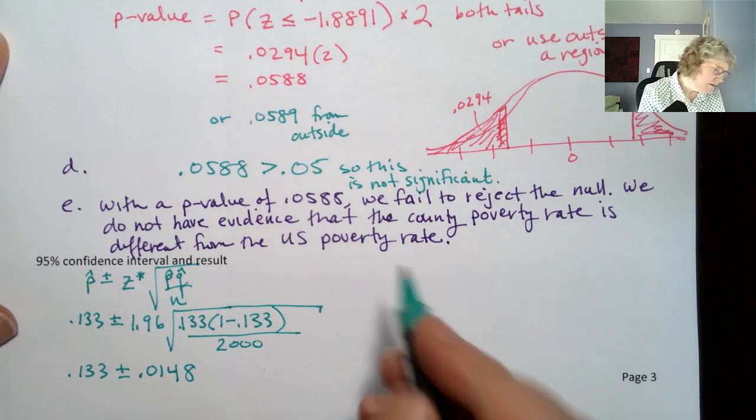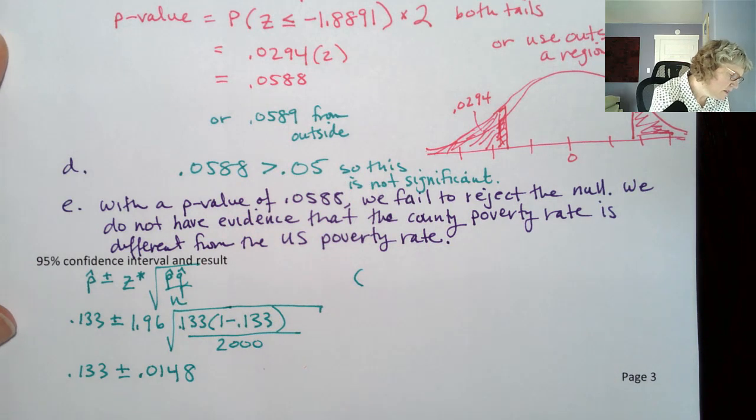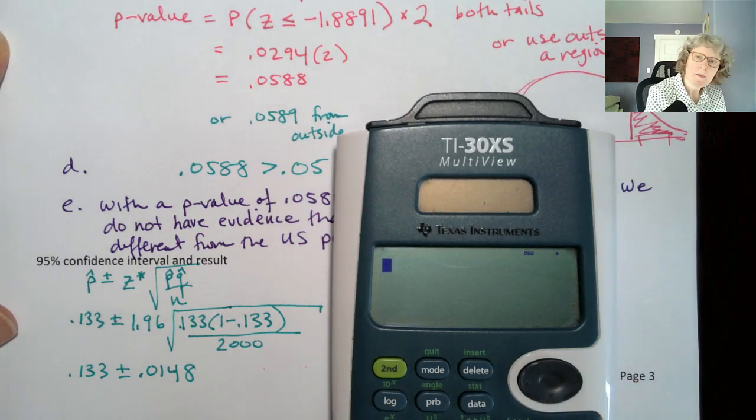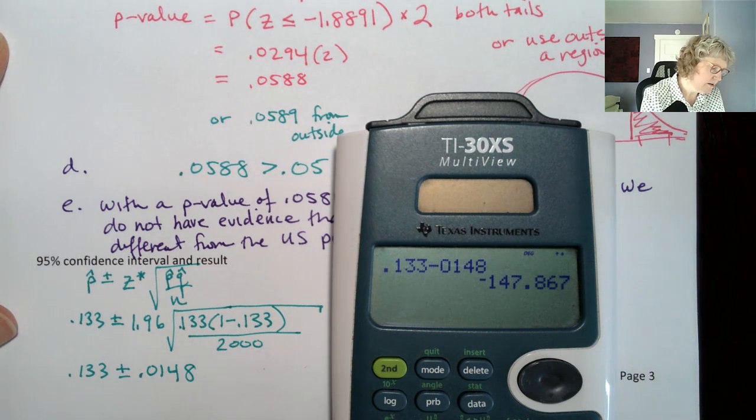Okay, let's find out our interval. Let's go ahead and do the plus or minus part. 0.133 minus 0.0148, enter. Oops, I got a negative, so I did something wrong. 0.133 minus 0.0148. There we go, that looks better.